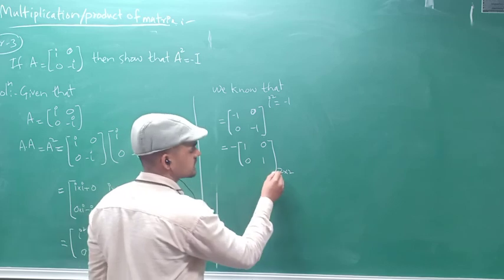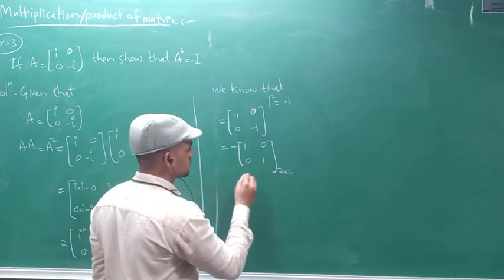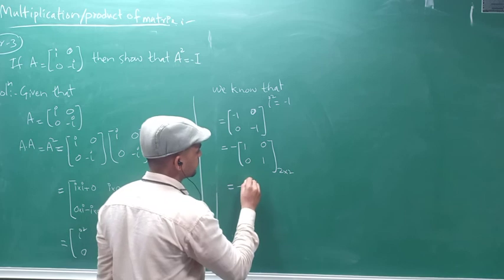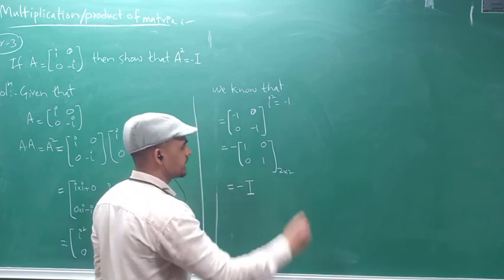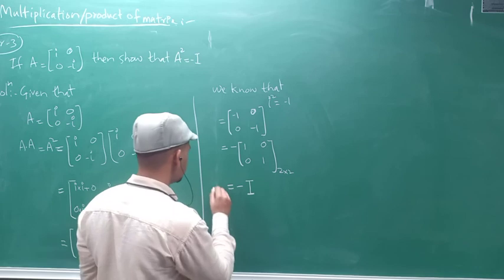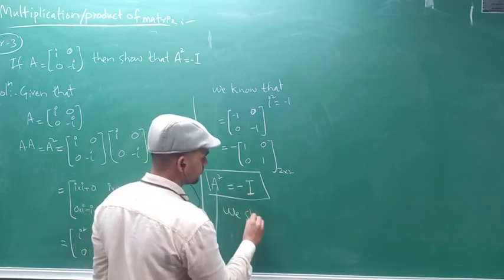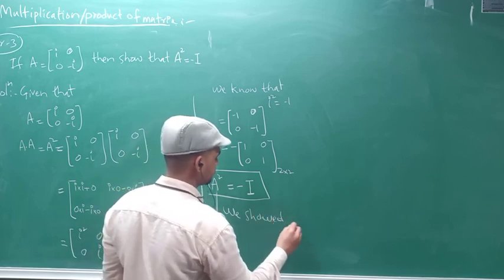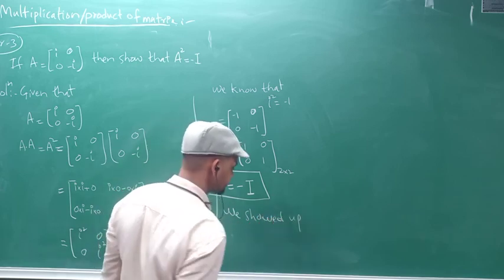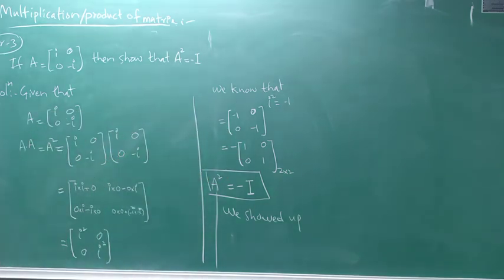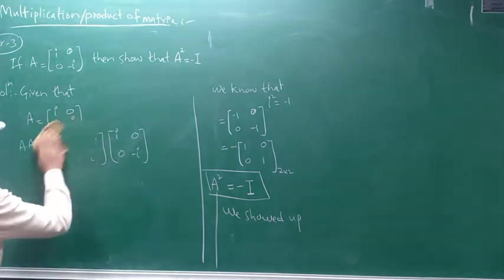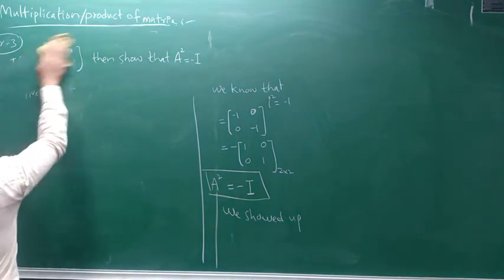So I can write it as an identity matrix denoted by I. So here A square equals minus I, we showed it. Okay, so this is example problem number 3. Okay, now we will take another example problem.